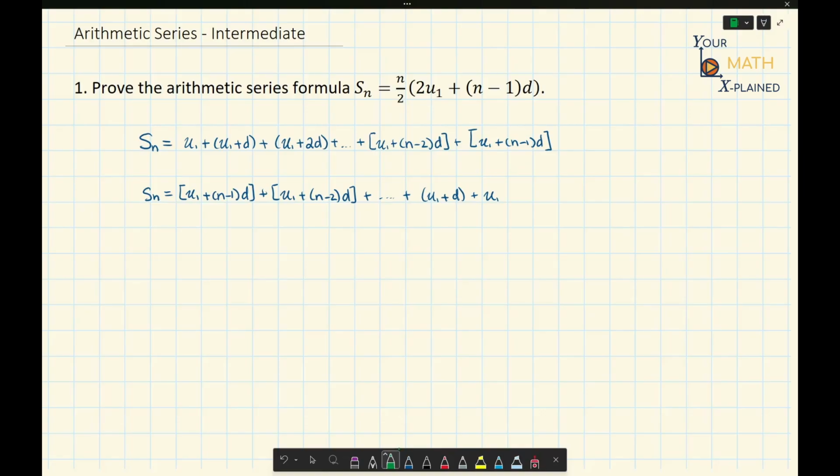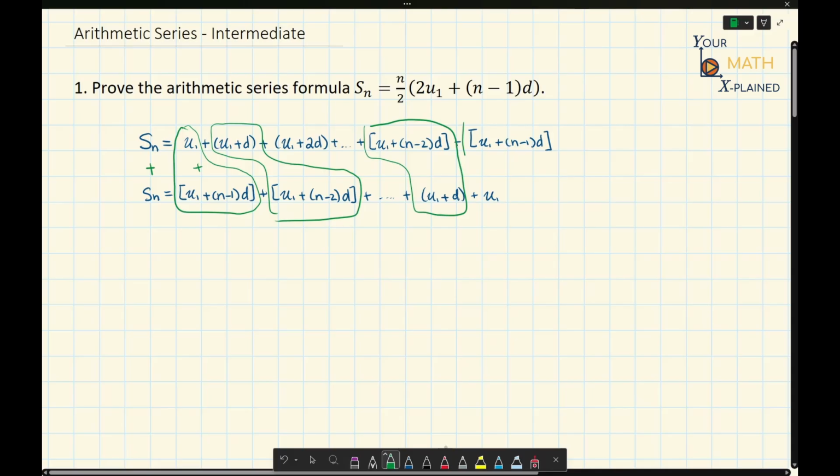So we would have S sub n plus S sub n. We would have our u sub 1 plus the last term. And then we have our second term plus the second last term, all the way to this one plus this one, and then again the last term plus the first term.